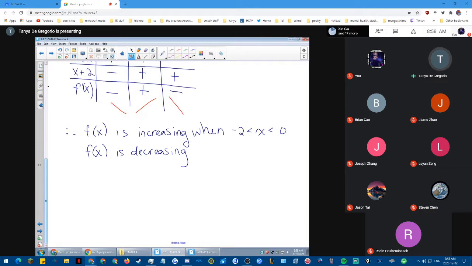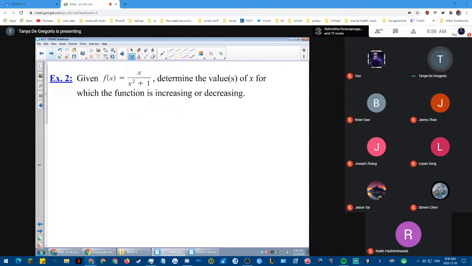So when x is less than -2, and when x is greater than 0. Are there any questions? Okay. Next.